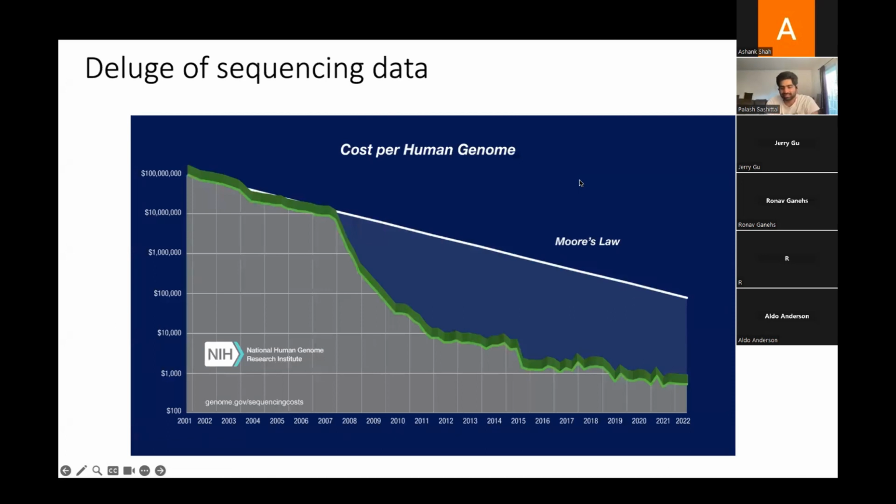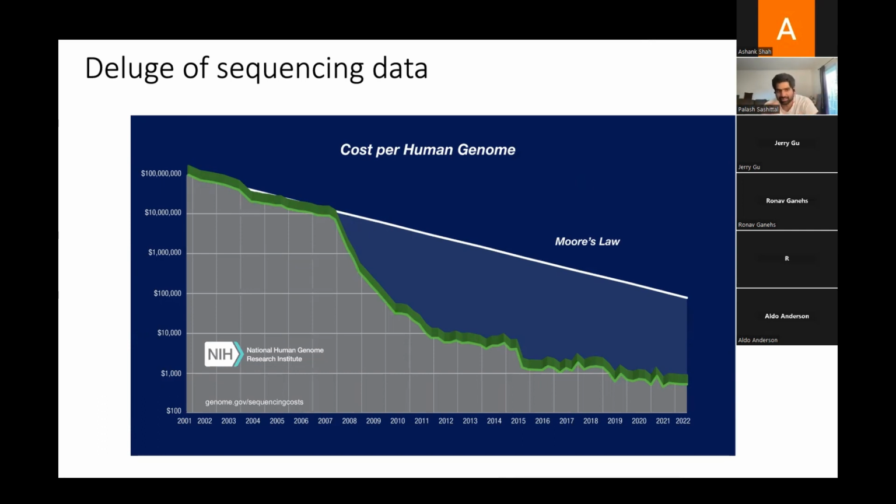And one of the reasons that computational biology has become so big in recent years is because the cost of sequencing has gone down drastically. If you wanted to sequence the human genome, it would take you millions of dollars in the early 2000s.